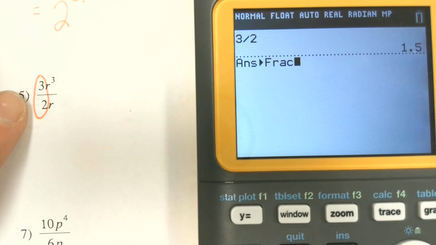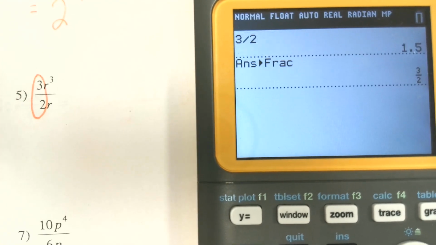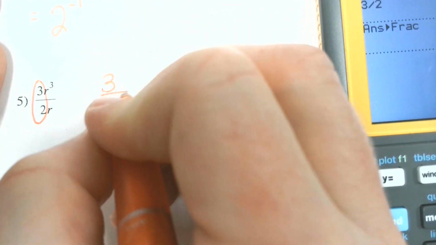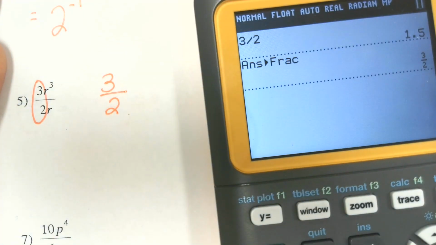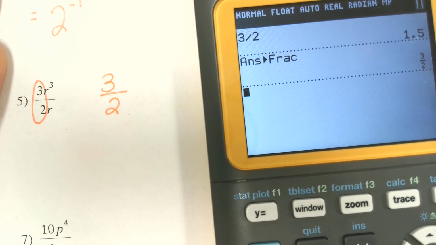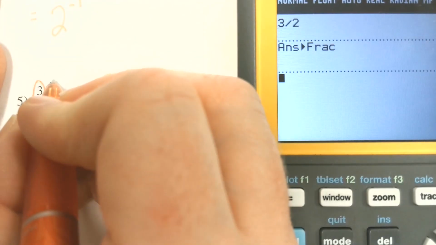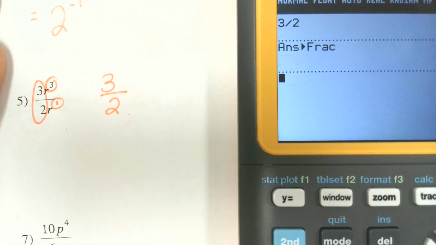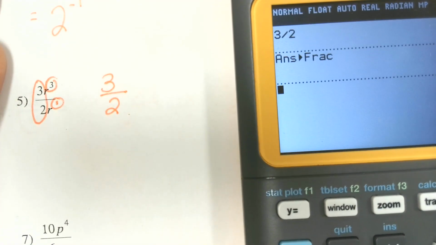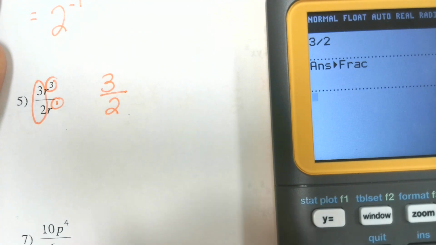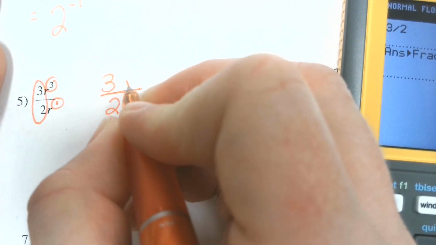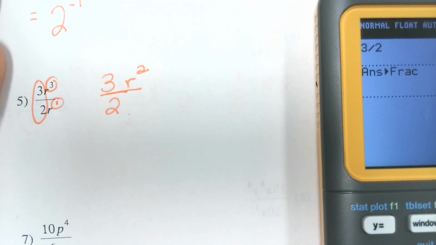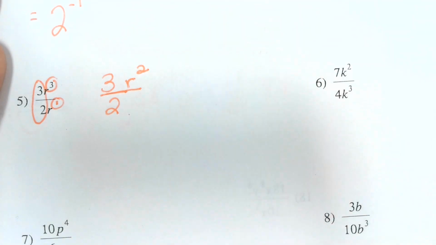I'm going to hit math, enter, enter. 3 over 2. It's already simplified, so we didn't actually need to do anything. So 3 over 2. And then the R's. R3 and R1. We subtract those, and what do we get? R2. So R2 is going to go on top.